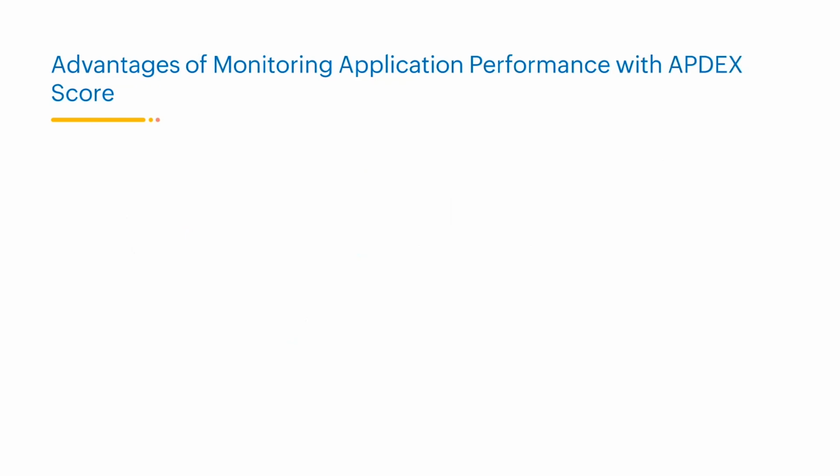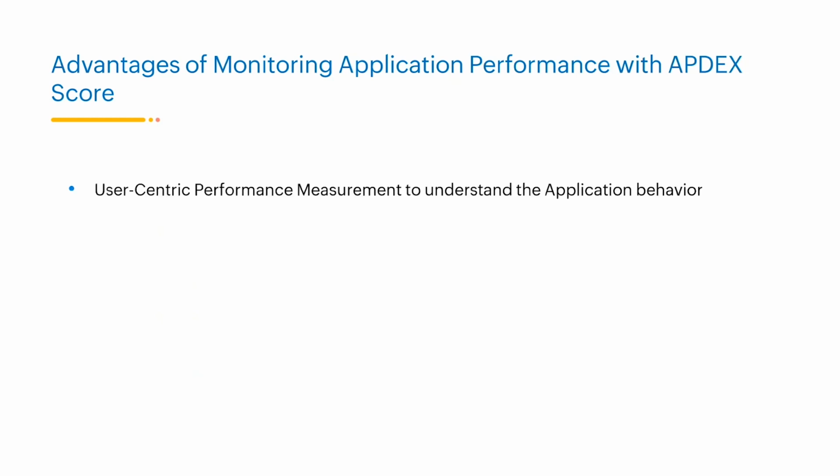Advantages of monitoring the application performance with the Apdex score. User-centric performance measurement to understand the application behavior, which helps you to understand how application performance directly impacts the user experience and enables you to prioritize the improvement.